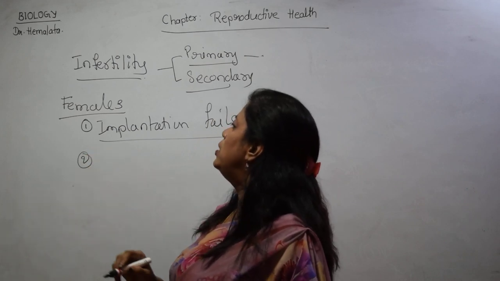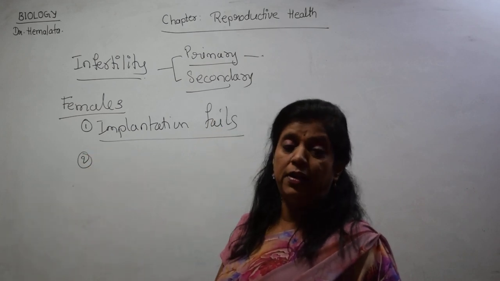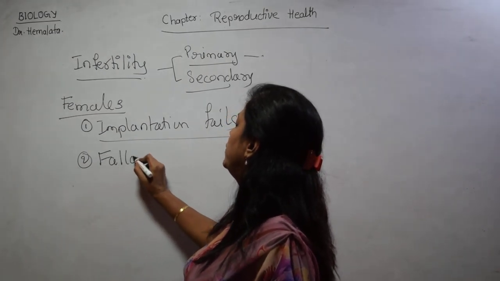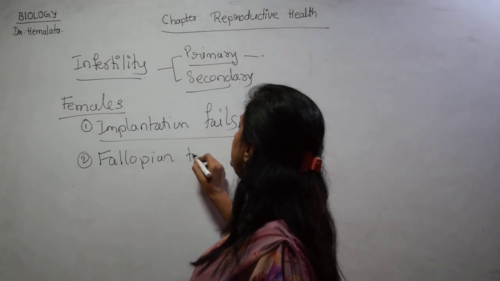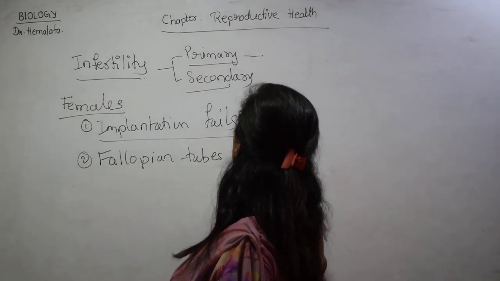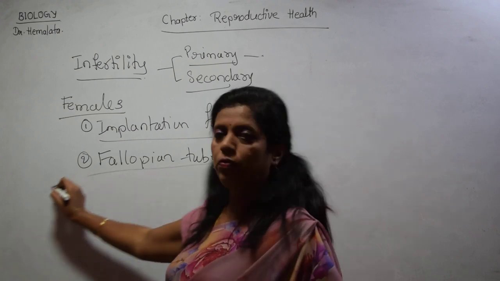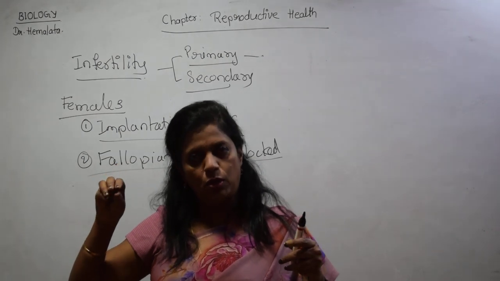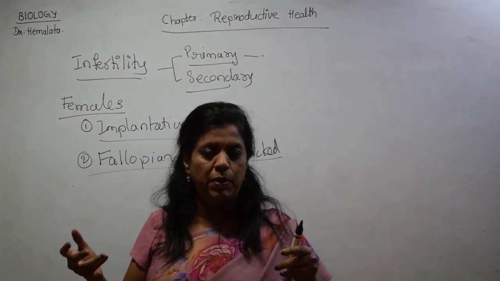Second reason or second way of infertility in females: their fallopian tubes are blocked. Fallopian tubes remain blocked. So why is there a blockage of the fallopian tube? One of them is that the fallopian tubes might have some blood clots. During menstruation there will be bleeding.